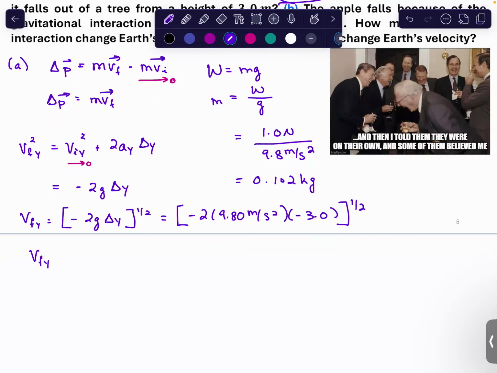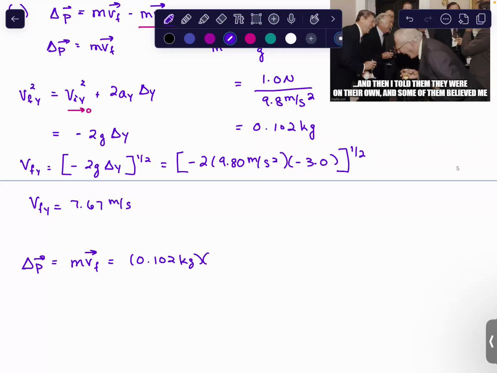Change in momentum, there's gonna be negative 2 kilogram meters per second.